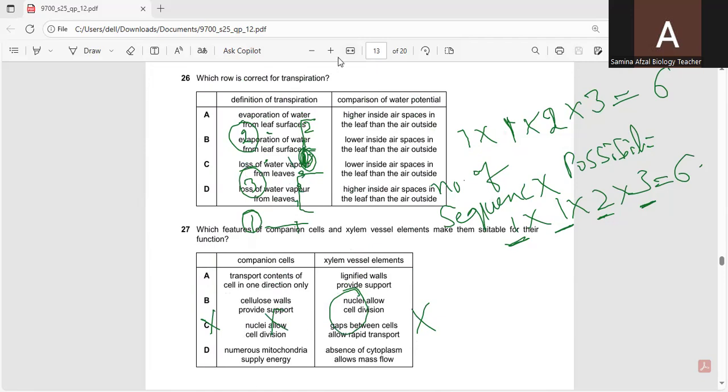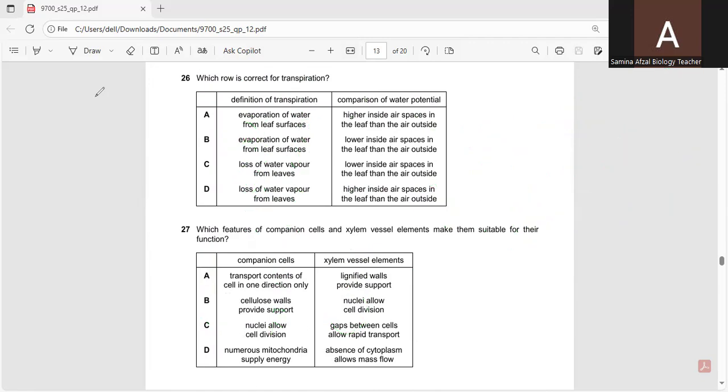Question number 26. Question number 26 is the definition of transpiration. Transpiration is the loss of water vapor from the aerial parts of the leaves, especially through the stomata. So according to this, consider the option loss of water from leaf surface.